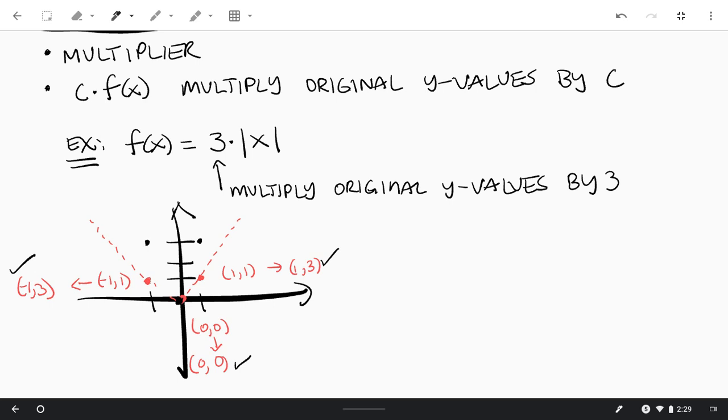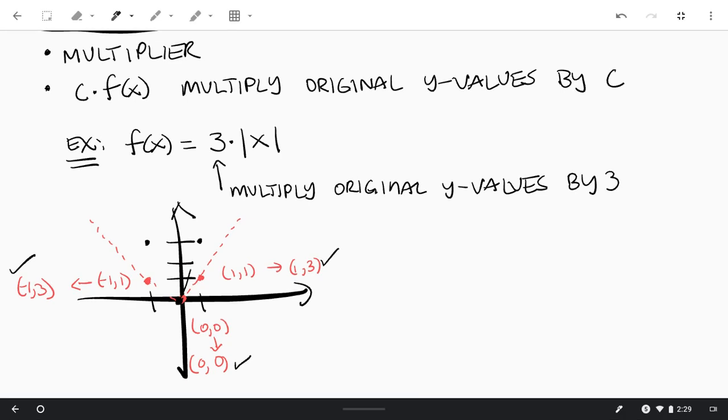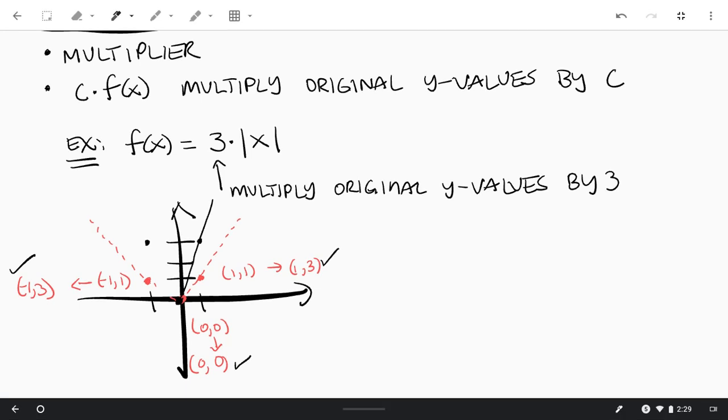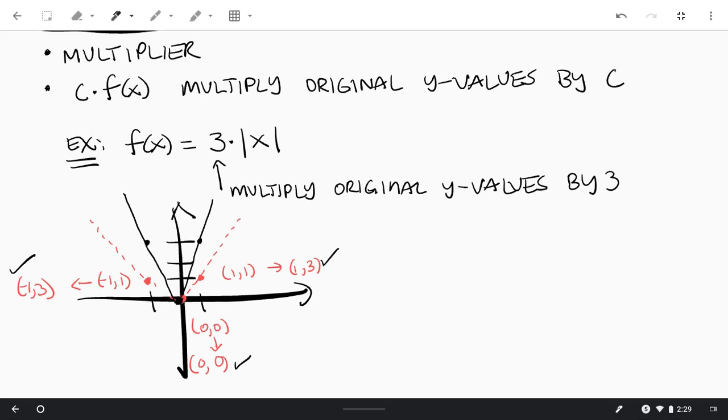So you can see here, these are my 3 new points, and you can see how multiplying by 3 kind of stretched this V upward. Okay. So all the y values went from 0 and 1 to 0 and 3. Okay.